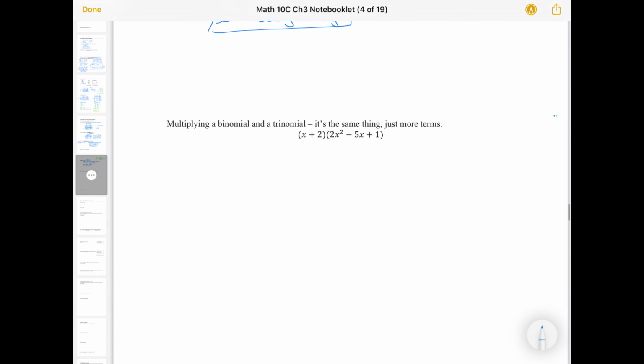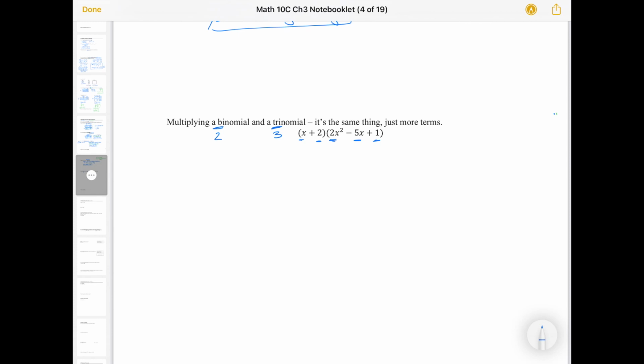All right, and our last example here, if we have a binomial and a trinomial. Okay, so bi means 2, tri means 3, right? A bicycle has 2 wheels, a tricycle has 3 wheels. So a binomial has 2 terms, a trinomial has 1, 2, 3 terms.